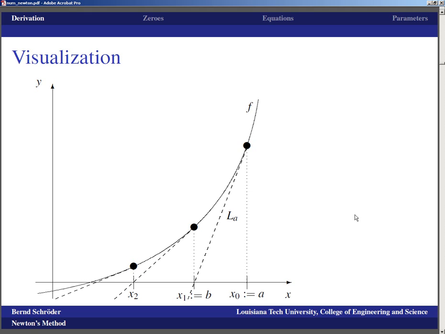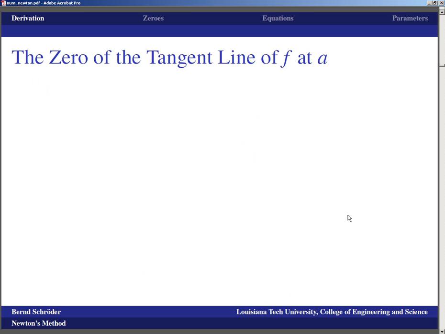Now, of course, what we need to do is we need to turn these pictures into formulas because ultimately we want to compute, and I can't just show this picture to a computer and say, this is what you're supposed to do, now go ahead and do it. So first thing we need is the 0 of the tangent line of the function f at a point A. Well, the equation of the tangent line at A is one of those equations that I don't really have memorized, but what do I know?